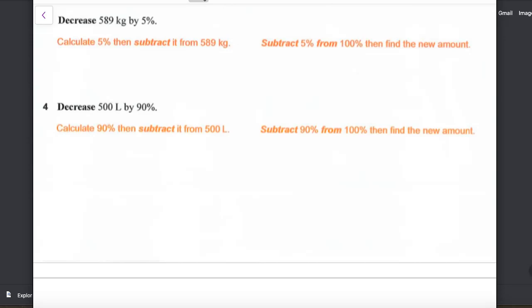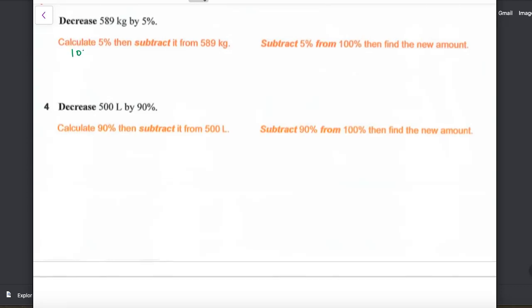So I know that if 100% is 589 kilos, 10% would be 58.9 kilograms. And so 5% is going to be half of that. So 5% is going to be 29.45 kilos. Now I want to take that away because I want to decrease it.